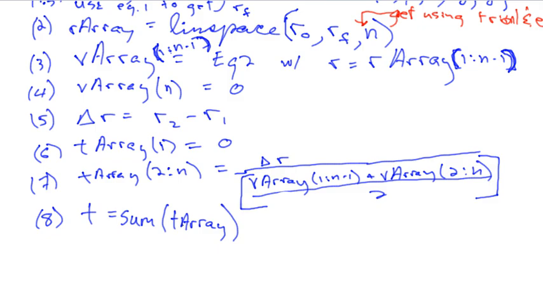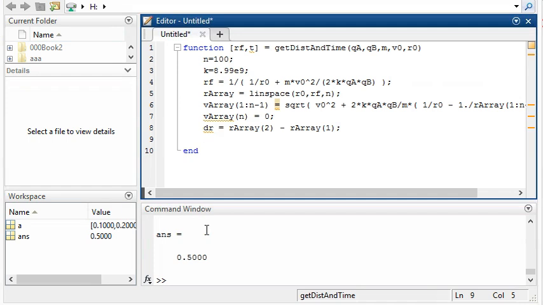Then T array of 1 is equal to 0. So now I'm starting to build up the time arrays. I've got a formula for it that covers everything except for the first element. Go ahead and type that in.